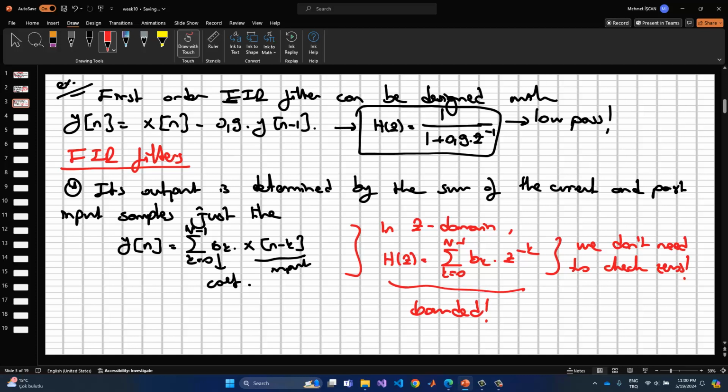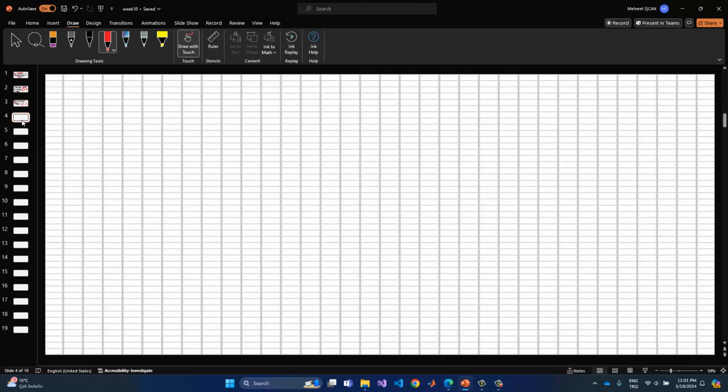So how can we describe the advantages of the FIR filter?